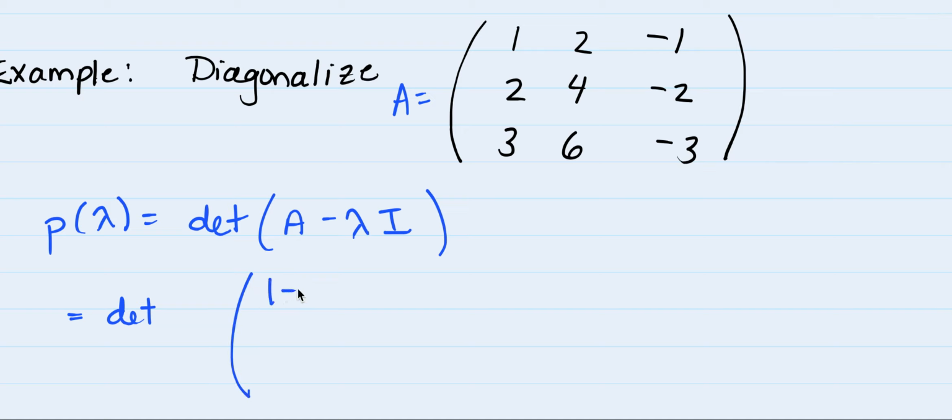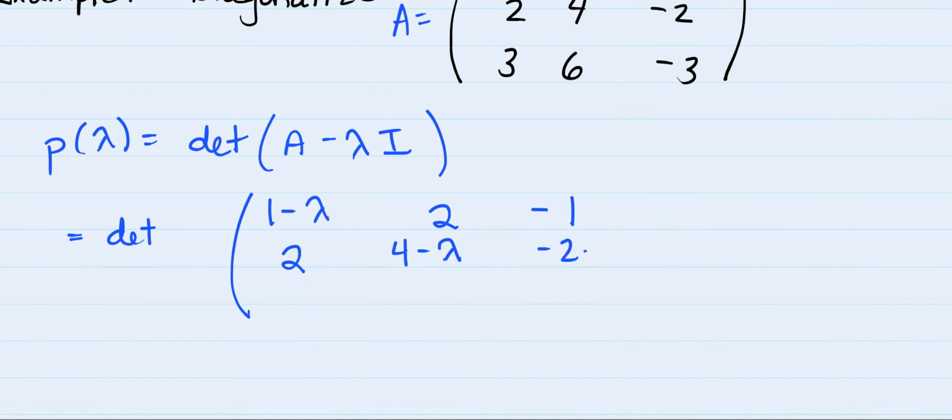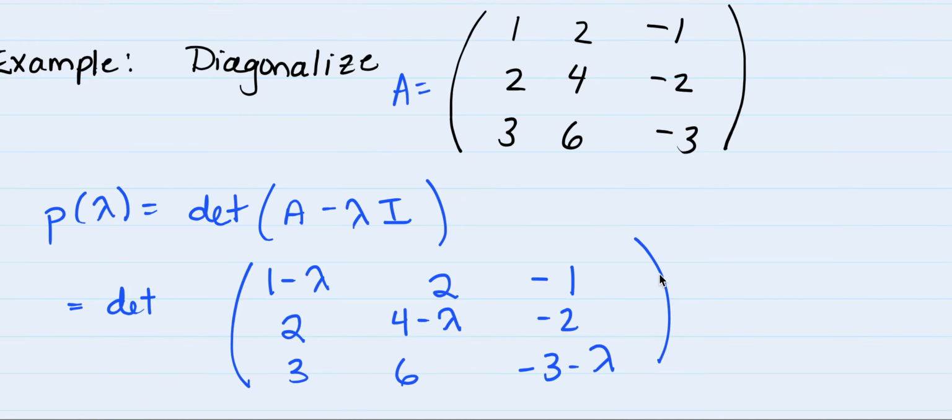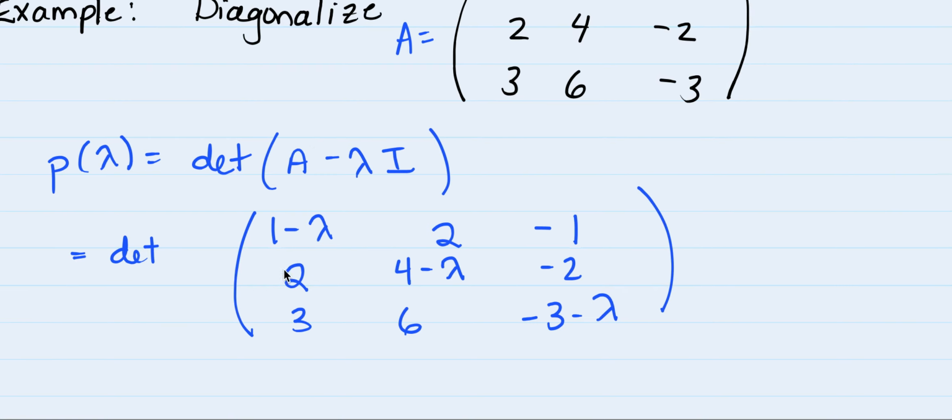So we want the determinant of 1 minus lambda, 2, -1, 2, 4 minus lambda, -2, then we have a 3, 6, and a -3 minus lambda. All right, we need to take the determinant of this matrix. So this might take a little bit of time.